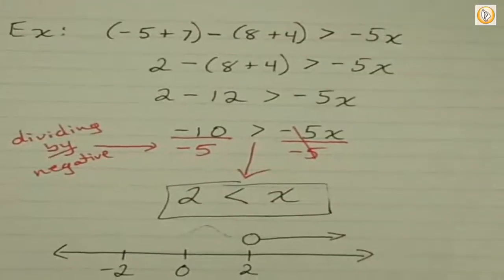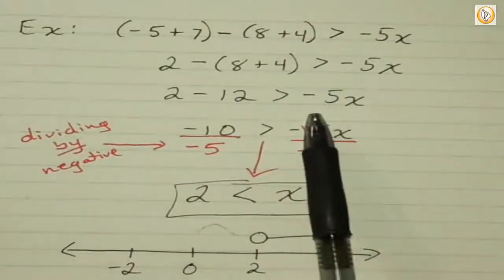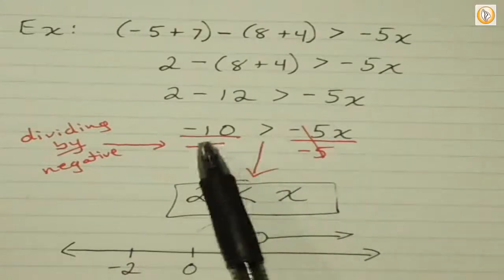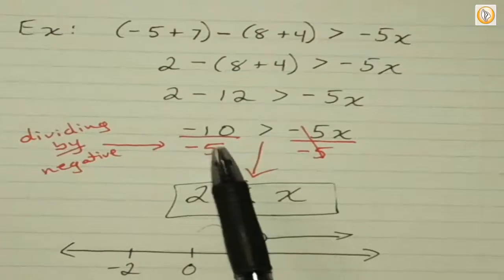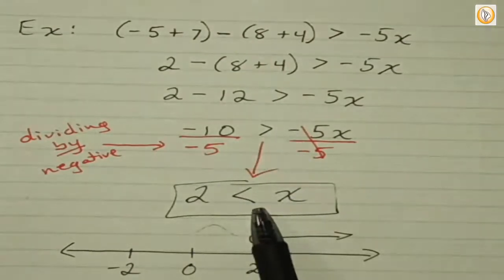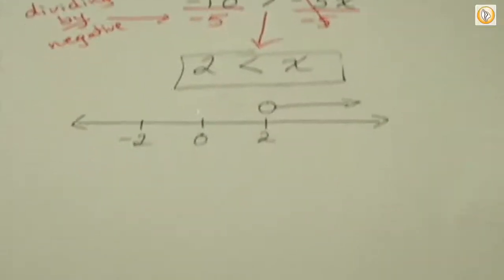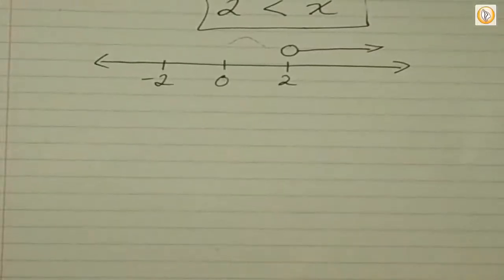Then I gave you an example. We worked it out. You only flip it there at the very end. We are dividing by a negative, so we flip the sign. That's how far we got yesterday. Are there any questions so far?